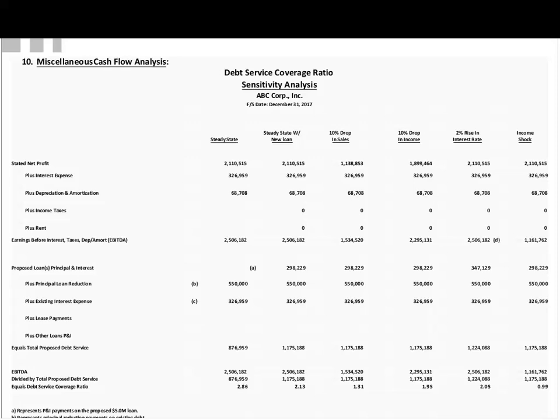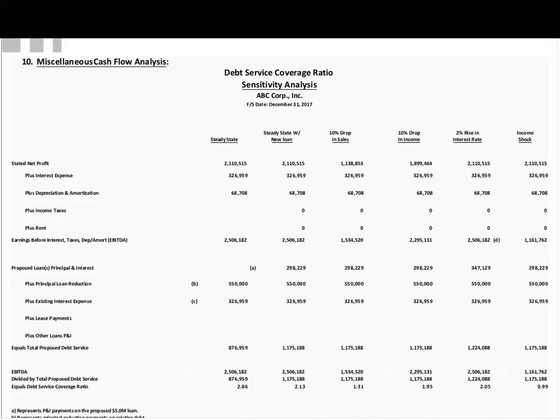Look what happens to the debt coverage, drops it down to 2.13 at the bottom of column number 2. Column number 3, a 10% drop in sales. Look at the bottom of that, 1.31. Look at the fourth column. That's a huge hit, by the way, drop in sales. Fourth column, drop in income, not that bad, a 1.95 at the very bottom.